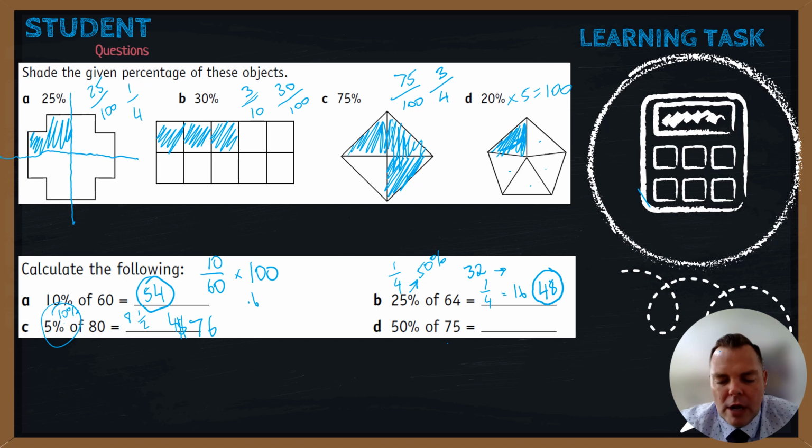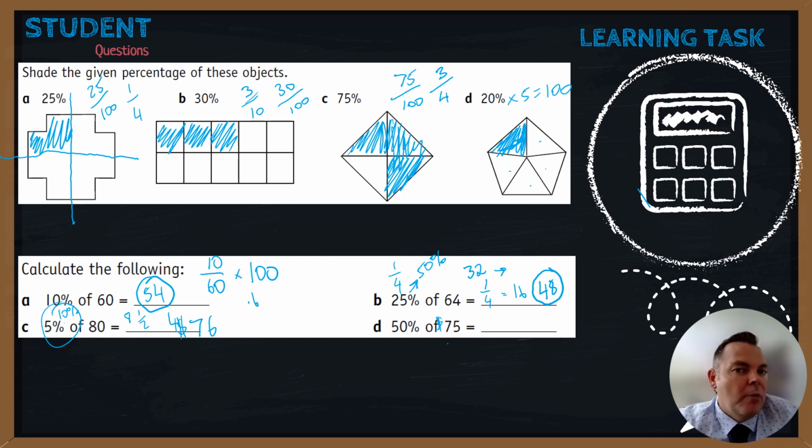The next one is 50% of 75. Now we're going to have to go down to decimals here because I need to look at this like it's money. Let's imagine I've just bought a new pair of Richmond Tiger shorts and they were $75. So if I bought them when there was a 50% off sale, I'm paying half of $75, okay?